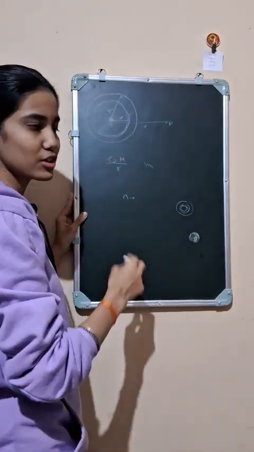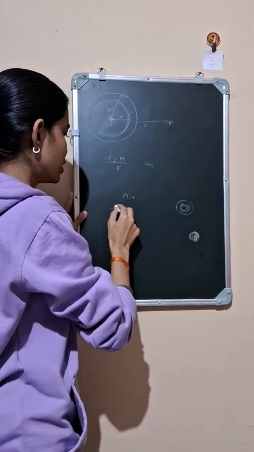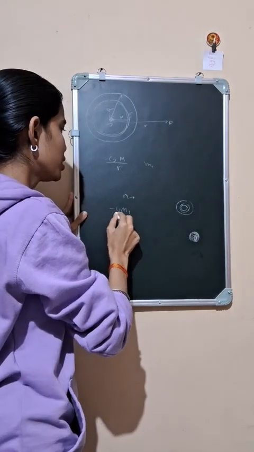for the first spherical shell it will have the potential minus G m1 by r.